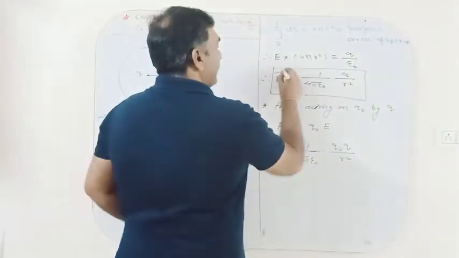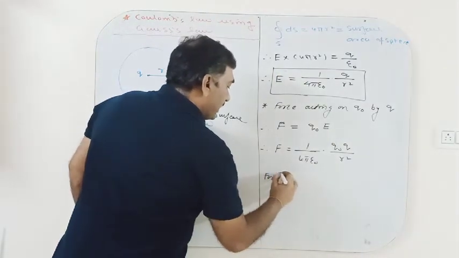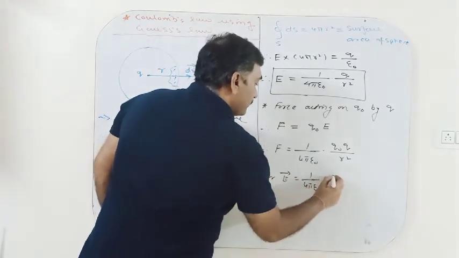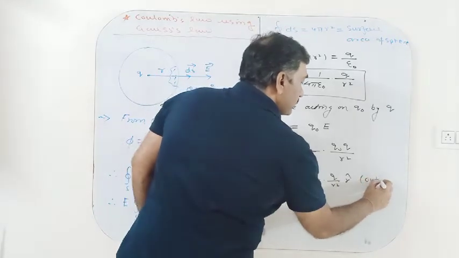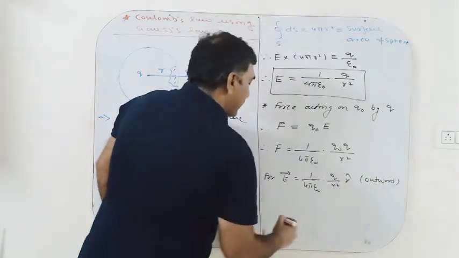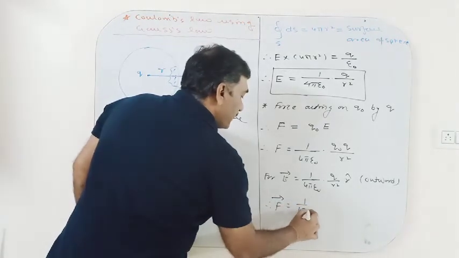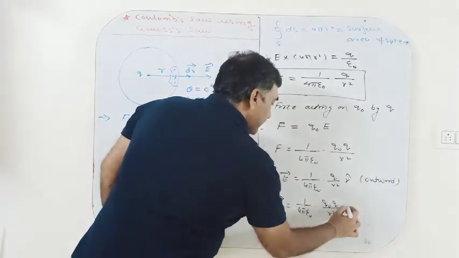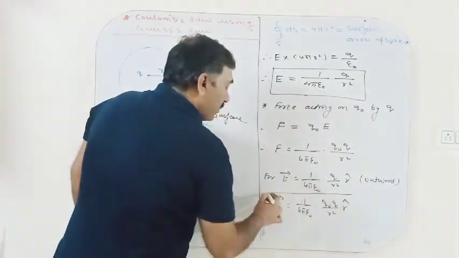If we say the electric field is radially outward, E is equal to 1 upon 4 pi epsilon 0 times q by r square outward. Therefore the force is along the direction of the electric field, repulsive: q naught q upon r square along the direction of r caret. So this is Coulomb's law.